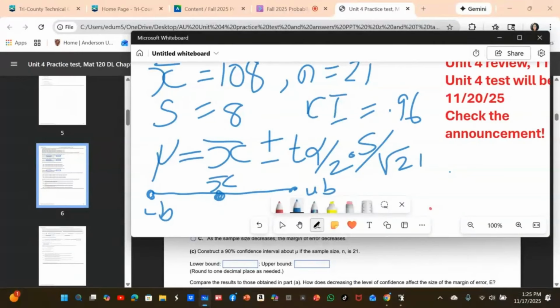When I finish, I will also be told to find the margin of error, the distance between the upper bound and the point estimate. So I'm going to pull my calculator up and plug in what I'm given.